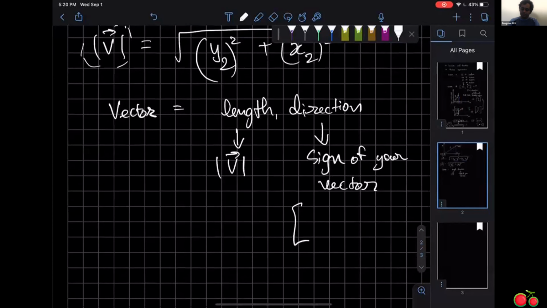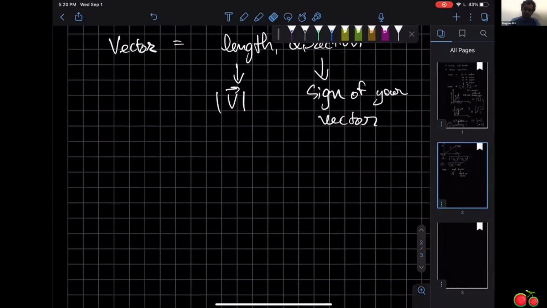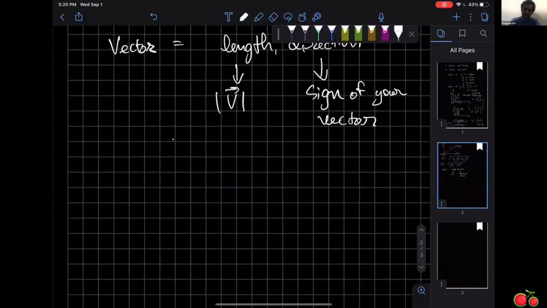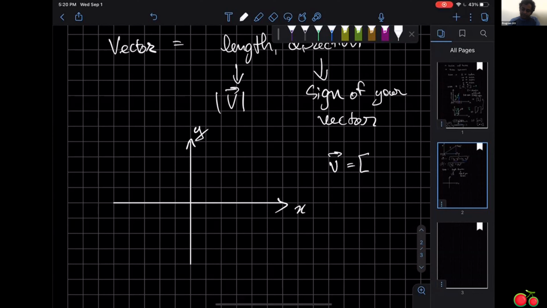okay? So let's work through some examples here, okay? We're gonna generate a 2D grid here, and then we're gonna say, so this is x, this is y. So if I give you a vector 0, 1, right, and this is x, this is y, how would I draw this vector?